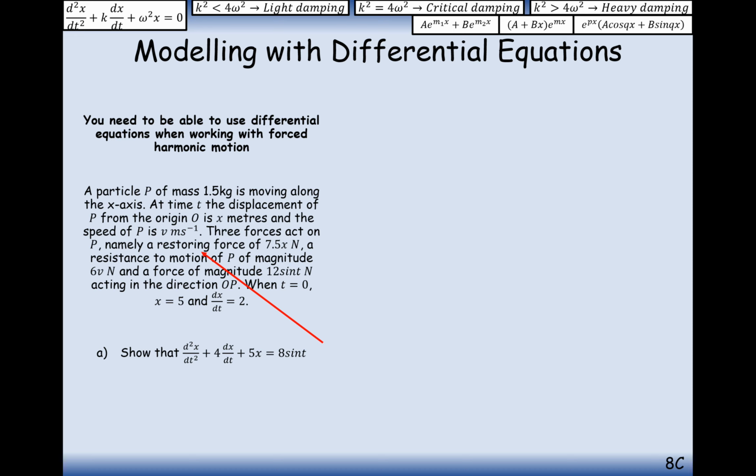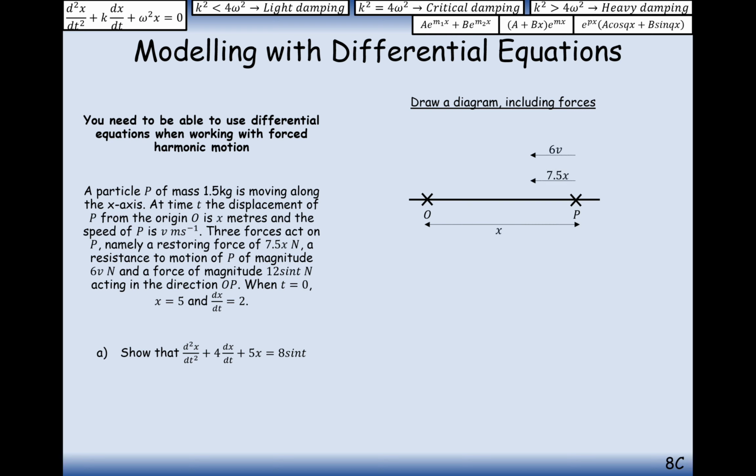So let's have a look at the words that are coming out of this example. We have a restoring force, which acts to bring the particle back into equilibrium, or back to the origin O. In this case, it acts in the direction PO. Let's draw a diagram and include the forces. We have fixed point O and particle P. Acceleration will always be acting to the right.